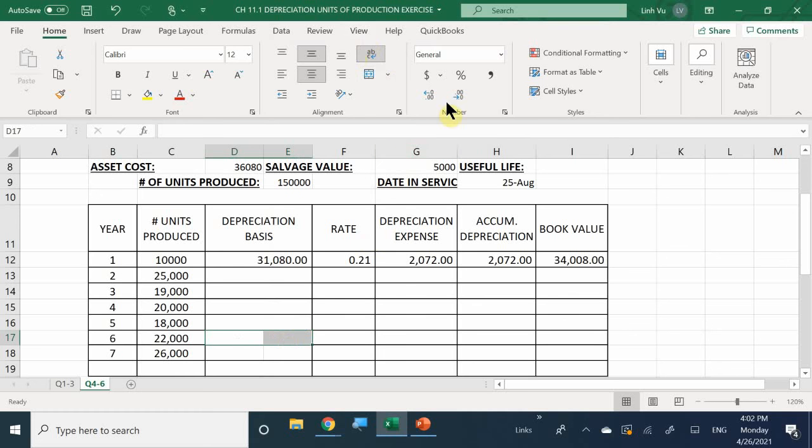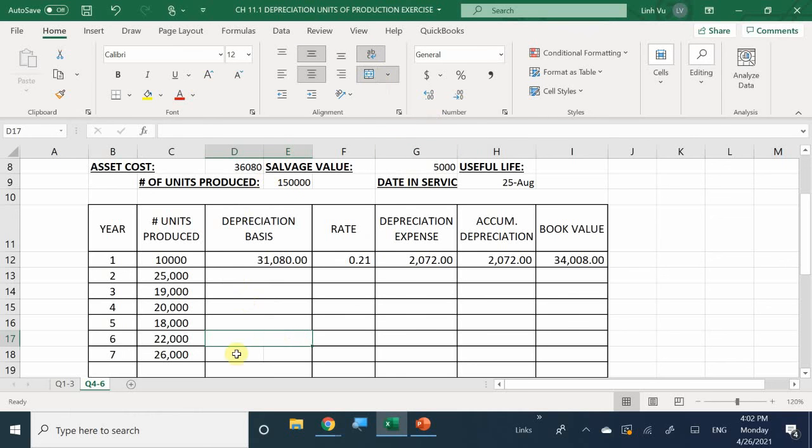I have to merge these together and merge this one together. Okay, and now they're all going to be $31,080. So then, what is going to be my per unit rate?